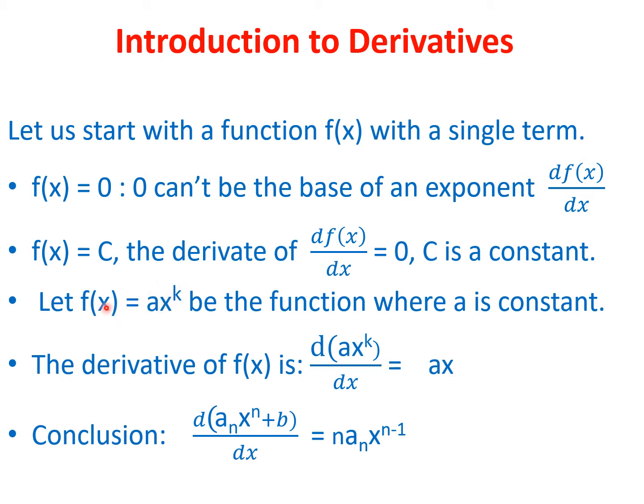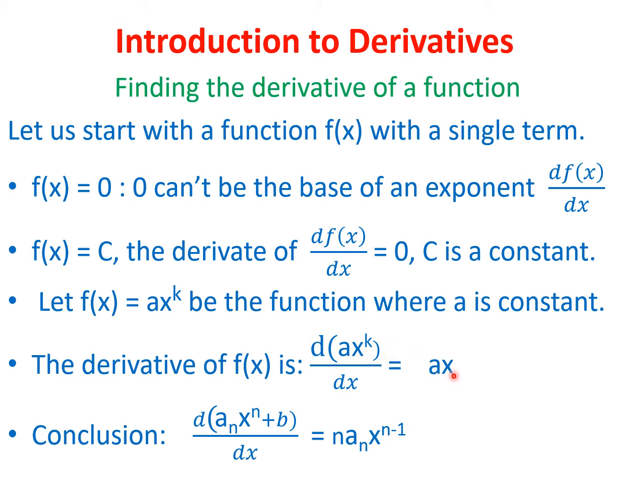Now let f of x be equal to a x to the power k be the function where a is a constant. The derivative of f of x is symbolized as d by dx of a multiplied by x to the power k, and this is equal to a k x to the power k minus 1.